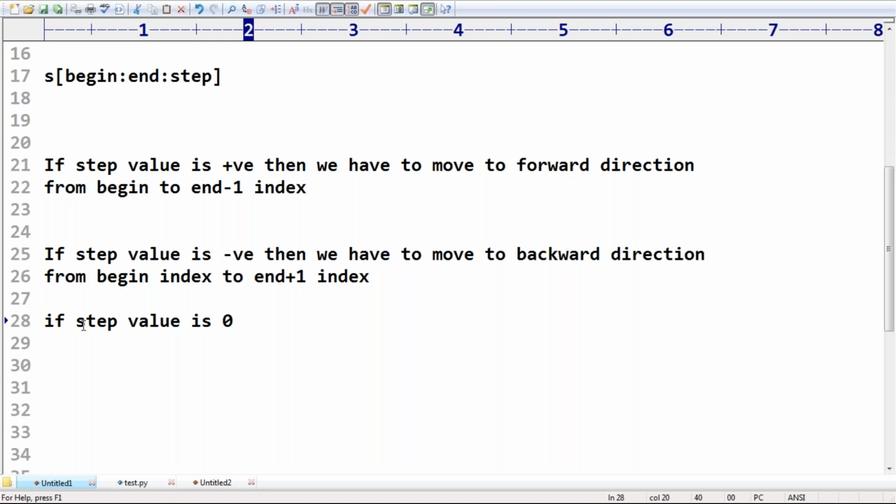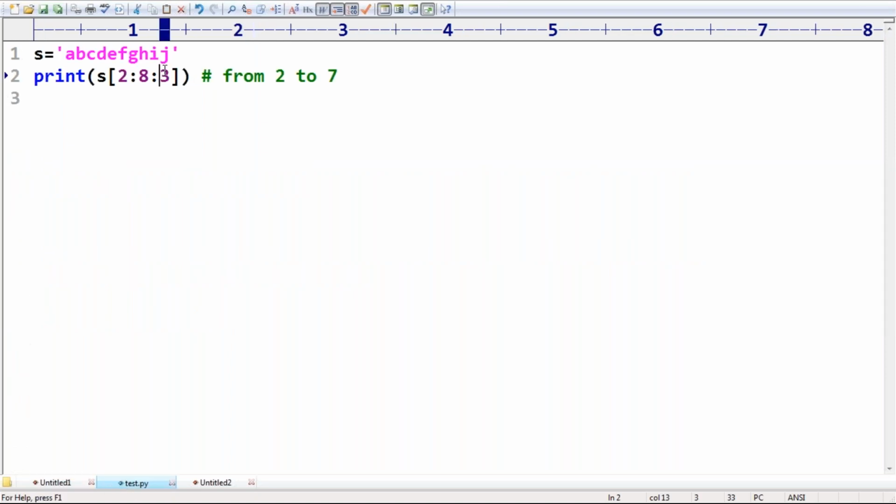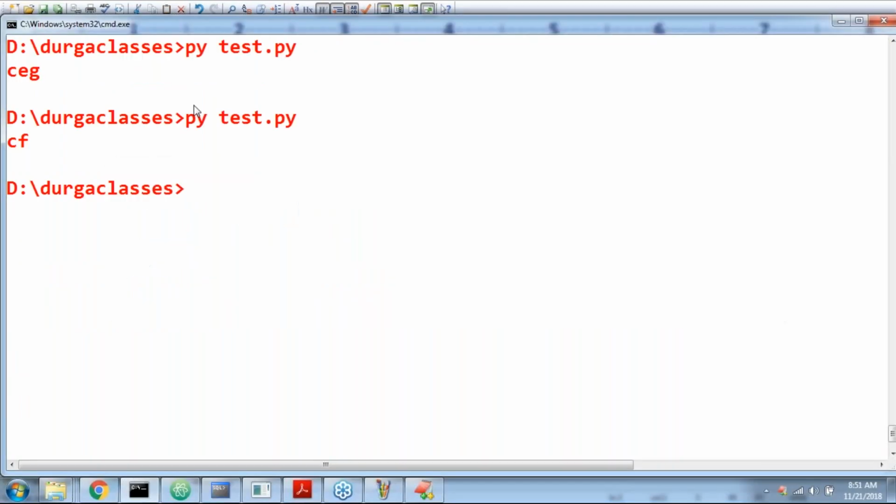Remember this one. I told you the slice operator never raises index error, but if you take step value 0, then it is definitely an error. One minute, let me take 0 as the step value. Now observe what will happen.